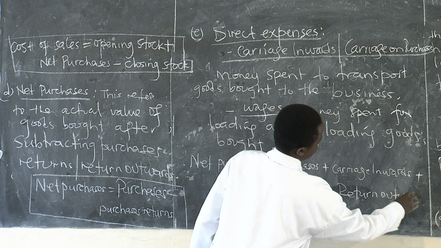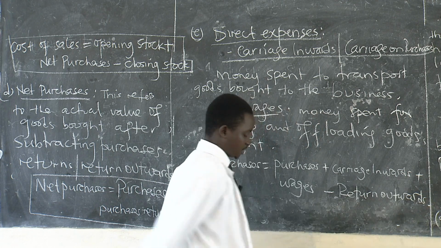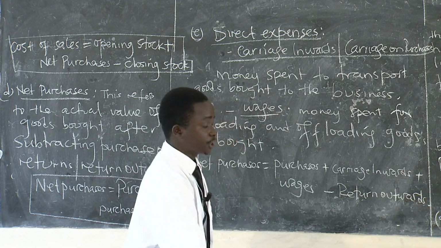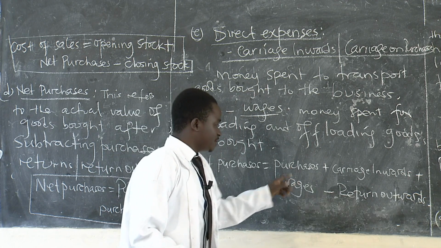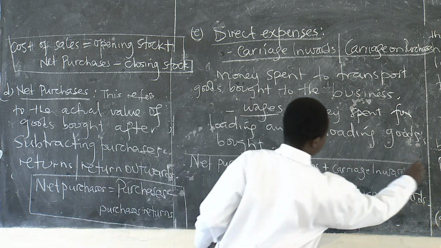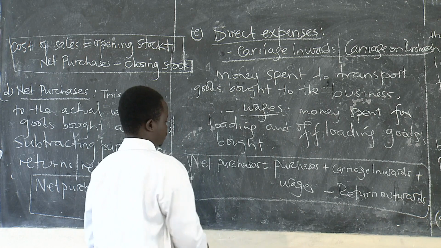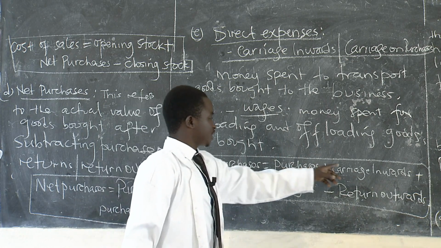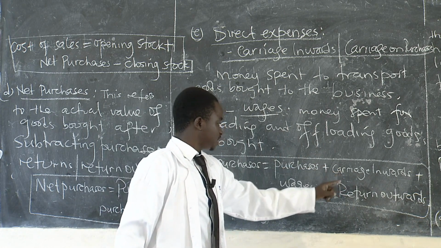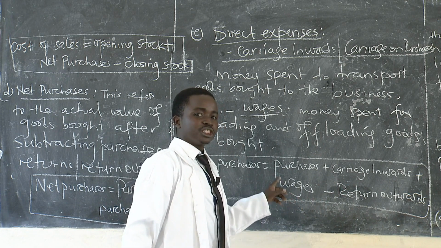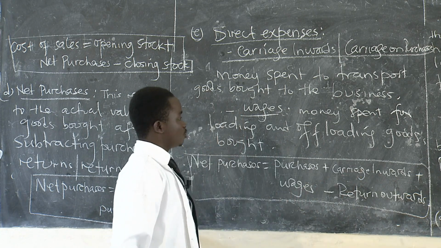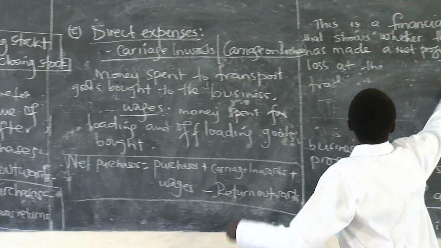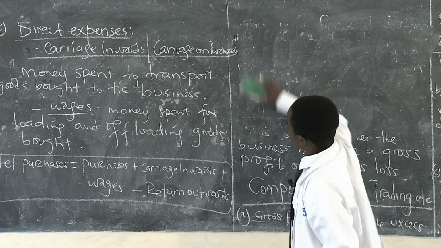In this case, you will be able to get your net purchases. You use this formula when you have these two direct expenses, carriage inwards or carriage on purchases and wages. But if you are not given these, then the earlier formula holds. Are we together?